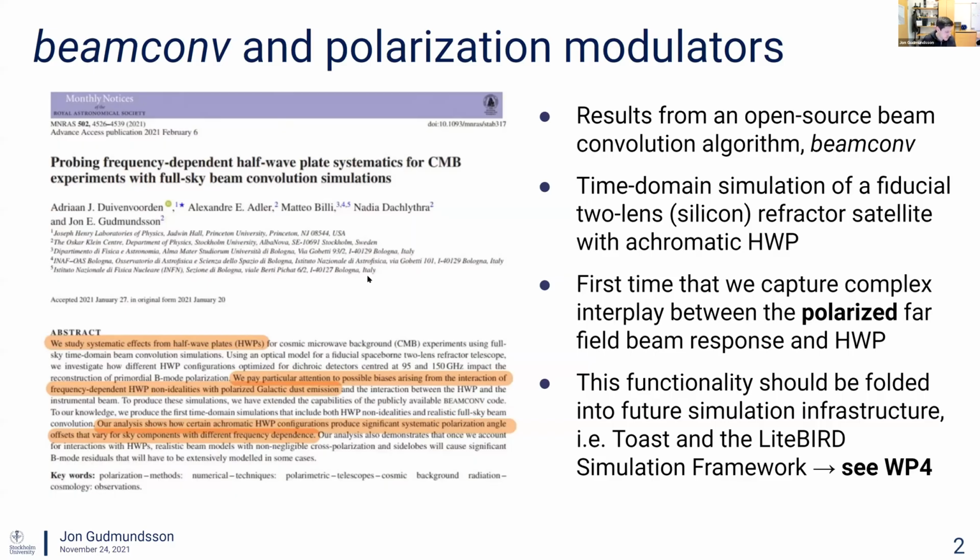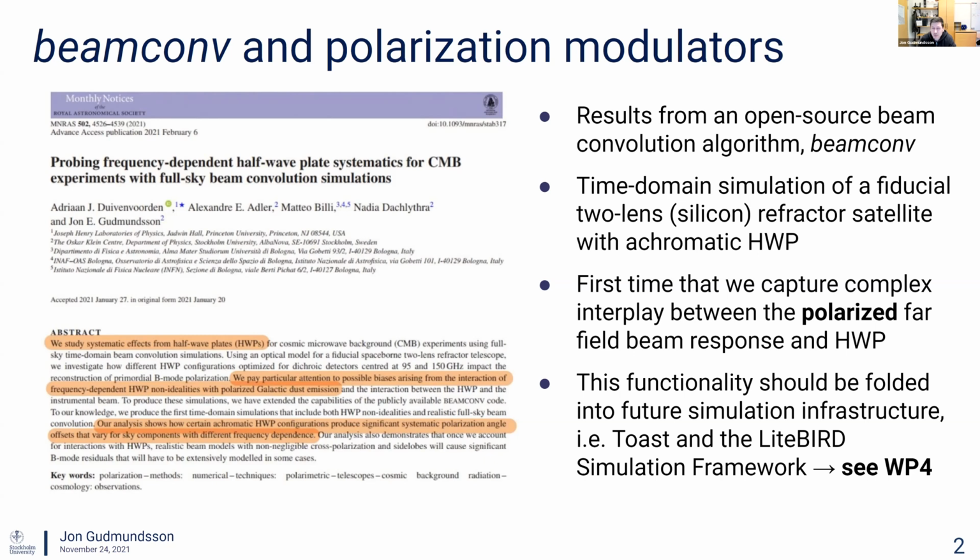Now, the paper that I'm going to tell you about today is this one here, which was published in MNRAS in February this year. Like it says, we're looking at frequency-dependent half-wave plate systematics for CMB experiments. This is the second paper in a series of papers describing an algorithm that we call BeamConv, shown here; the first paper came out in 2018. This is an open source beam convolution algorithm.